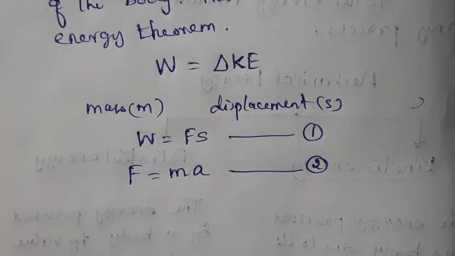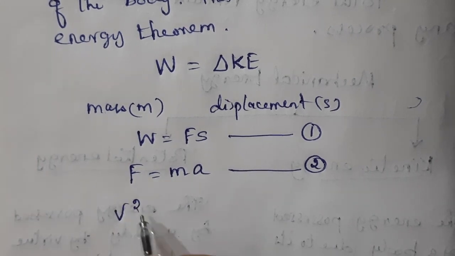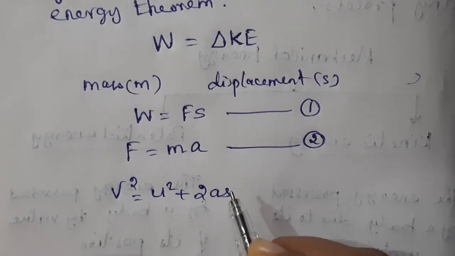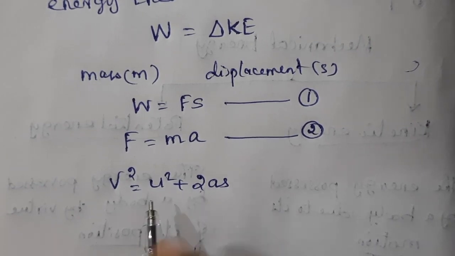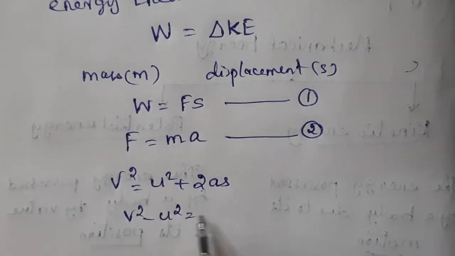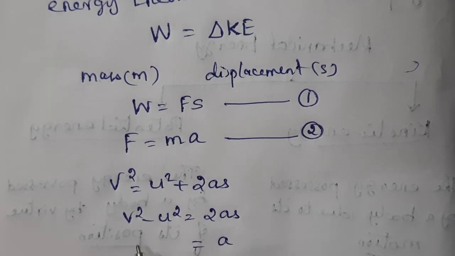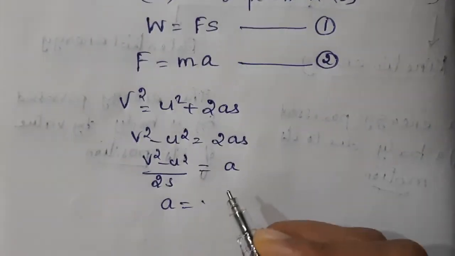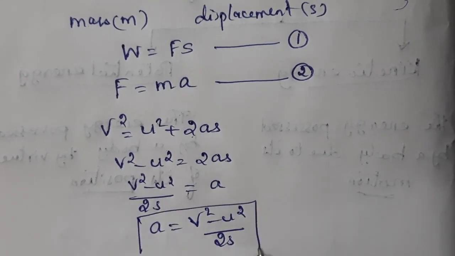To find acceleration, I am taking the third equation of motion: v square equal to u square plus 2as. From this, v square minus u square is equal to 2 into a into s, so a is equal to v square minus u square by 2s.